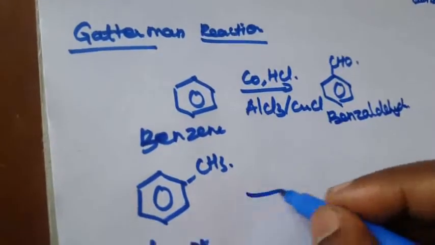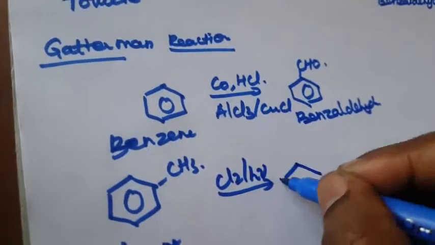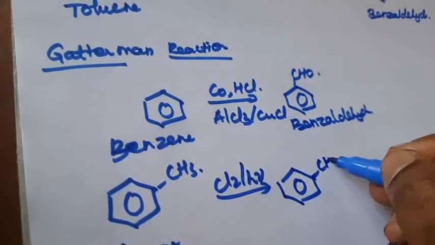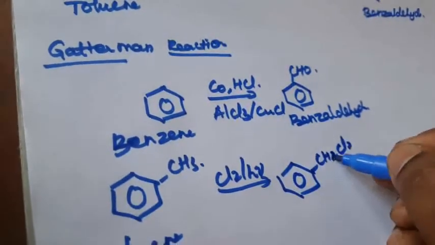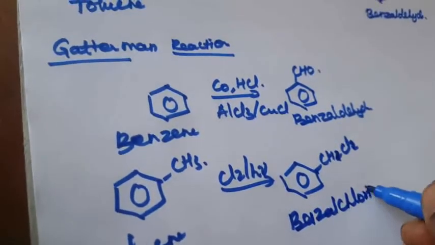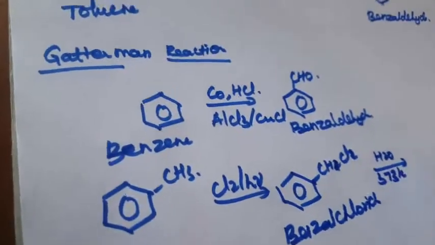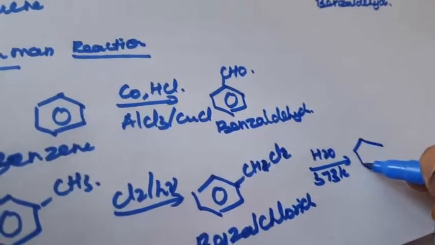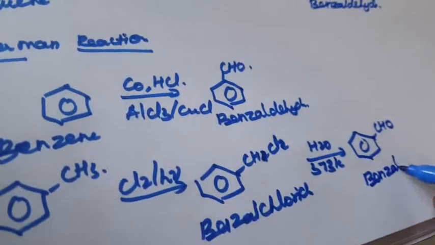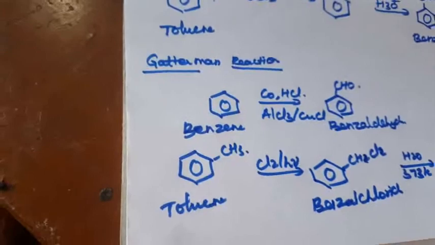This is toluene in the presence of chlorine and light, to form benzyl chloride, CH2Cl, and then CHCl2. Benzyl chloride again on hydrolysis and heating forms benzaldehyde. This is called benzaldehyde. Okay, this is another one. This is called the Gattermann-Koch type reaction.